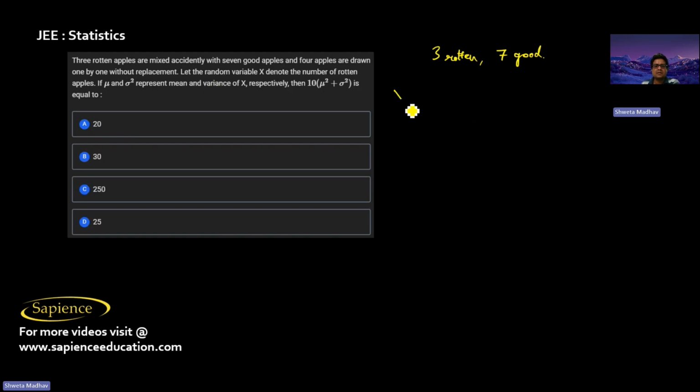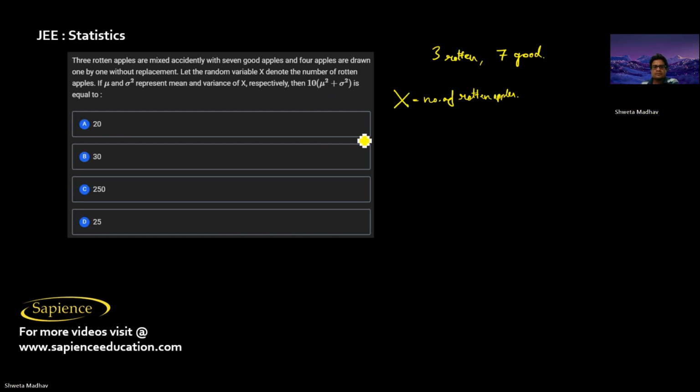If mu and sigma square represent the mean and variance of x respectively, then 10 into mu square plus sigma square is equal to?